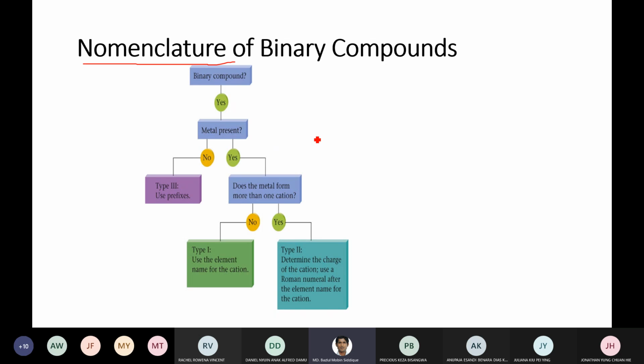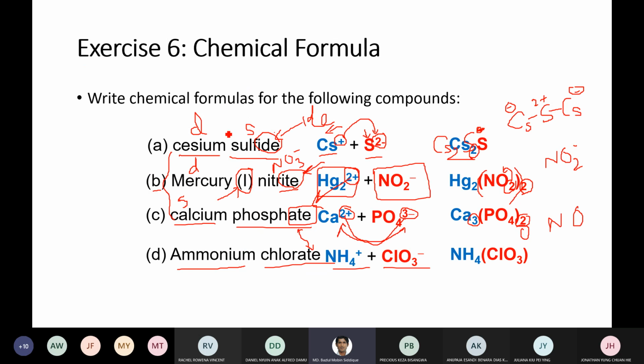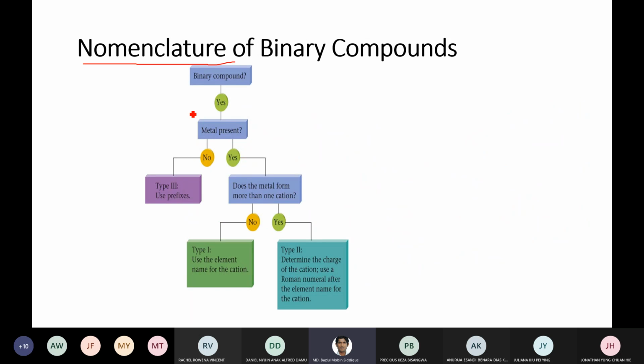For now, for binary compounds, there are certain rules, but remember that you cannot put everything 100% into this rule; still, we can have a very good idea of the name of a compound if we follow this flow chart. A binary compound means that two different types of ions are added into that compound.